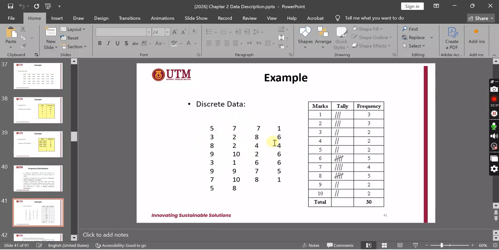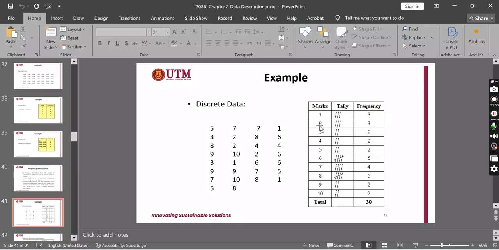Okay, how many numbers do we have? We have numbers from 1 to 10. So you are putting marks from 1 to 10. We are using the tally method. How many ones do we have? This is 1, 2, this is 3. So you have drawn 3 lines, so it's equal to 3.